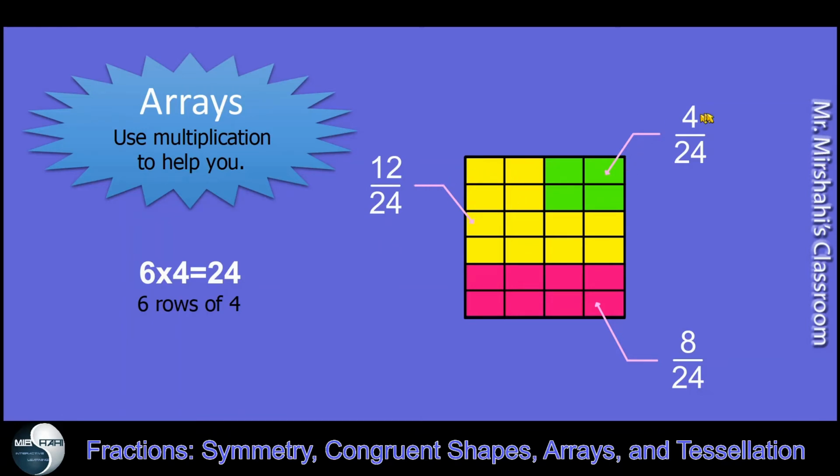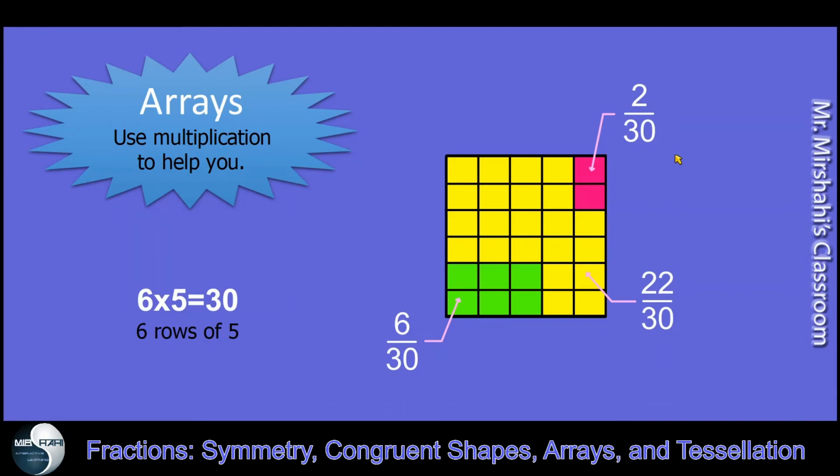So I have 4 24ths or 1/6 of this shape is green. 8 24ths are kind of pink purplish, and 12 24ths are yellow, which is actually a half. 12 is half of 24. 6 rows of 4. That's what an array is when you put them in rows and columns.